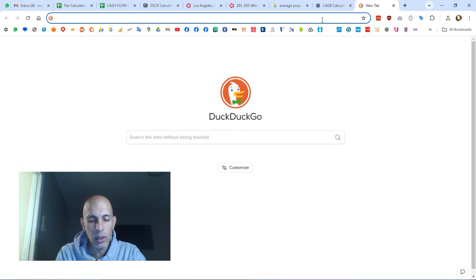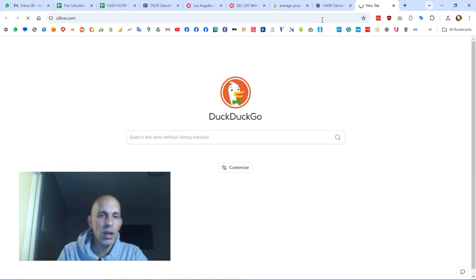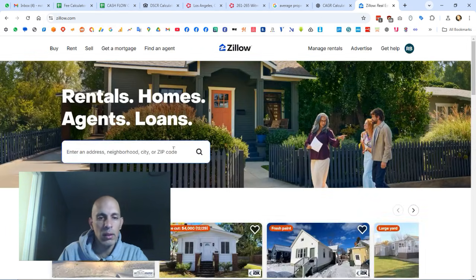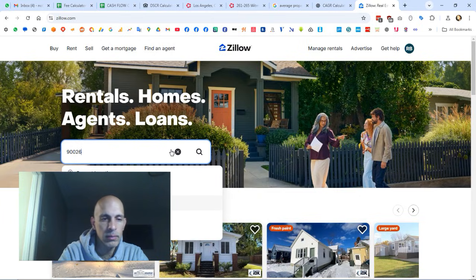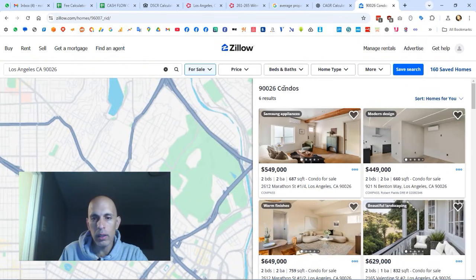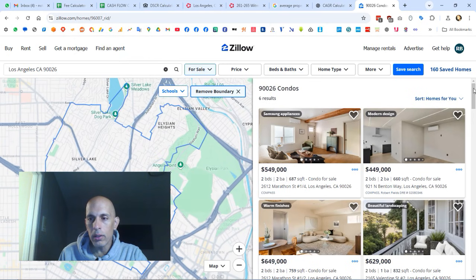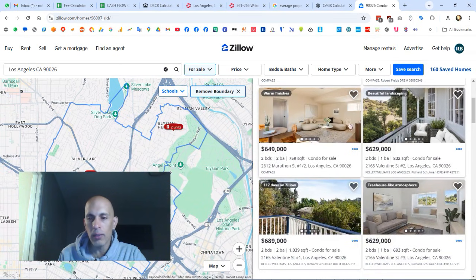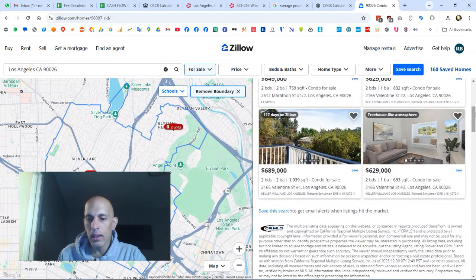So let's see what condos go for in the zip code. Zillow.com, 90026. For sale. These are all condos. So here's what a condo goes for: 549, 449, 649, 629, 629.